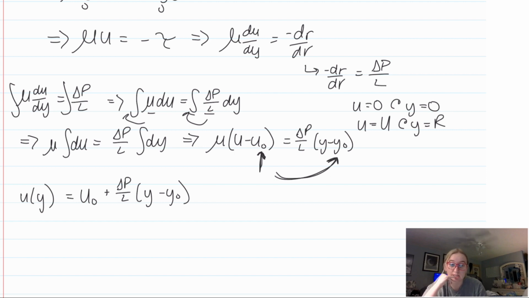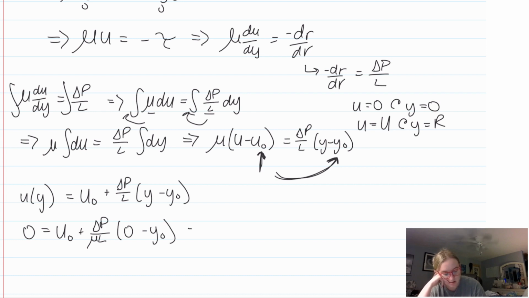And using the same boundary conditions, we would then get 0 is equivalent to u naught plus delta P over mu L times 0 minus y naught, and then solving this out for u naught, we would get u naught is equivalent to negative delta P over mu L times y naught.